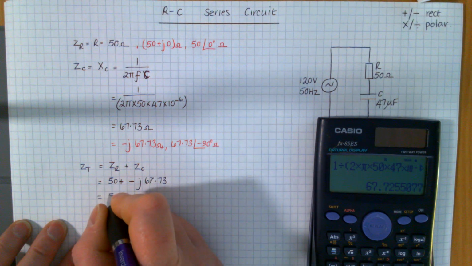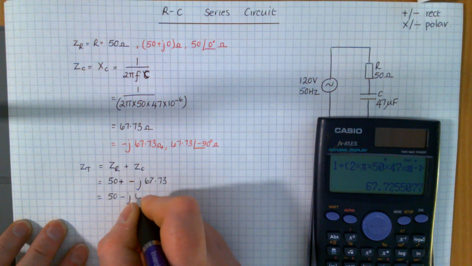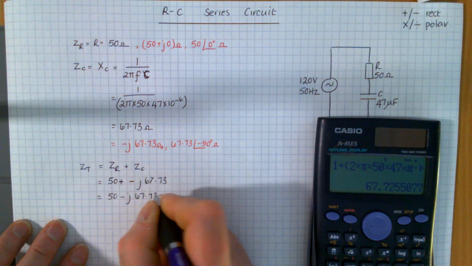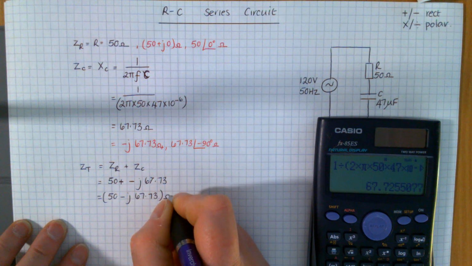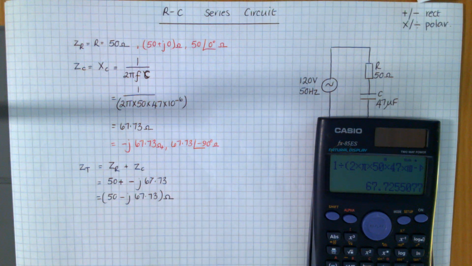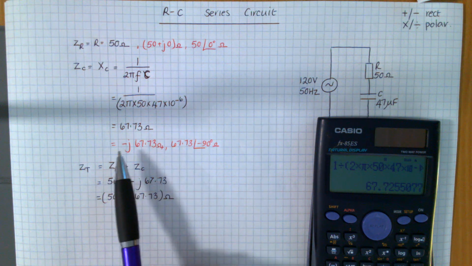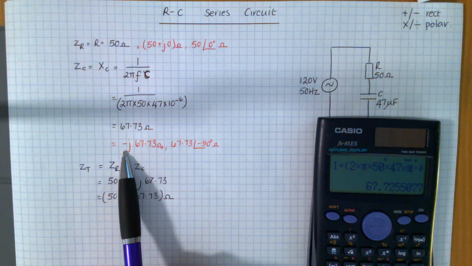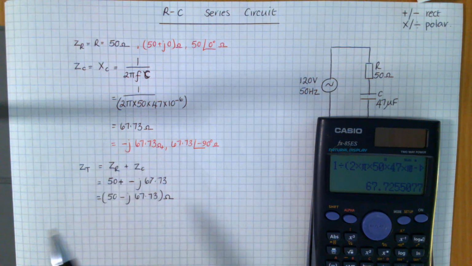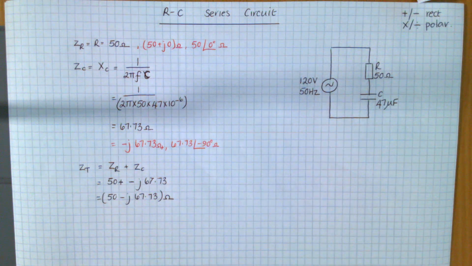So you could just have written that as 50 minus J 67.73. So remember, the minus J comes from your rules. Inductors are plus J's, capacitors are minus J's, resistors are real, so no J's.